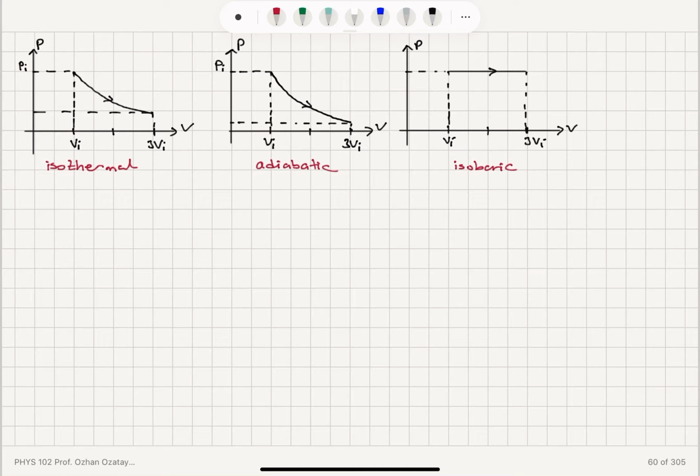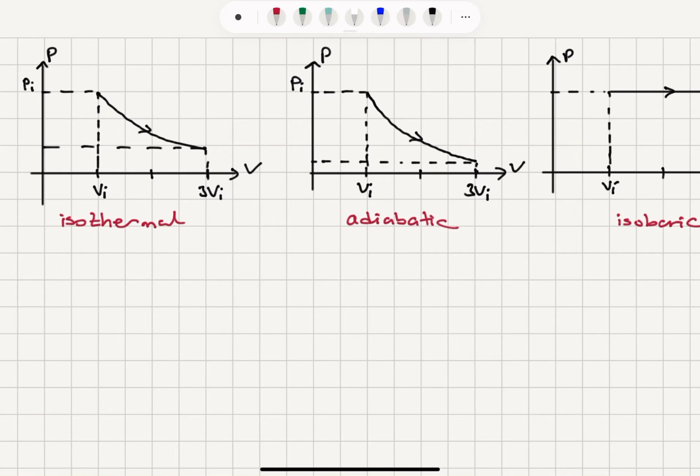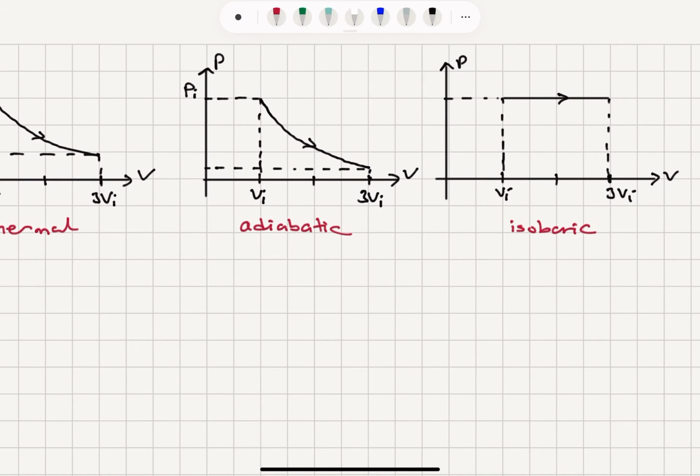If I look at the isothermal process, so this is an isotherm, P initial, V initial will become, because I have the same temperature, PV equals nRT, Pi over 3, V initial times 3, so that their product will be a constant. So this is a P times V is a constant curve.